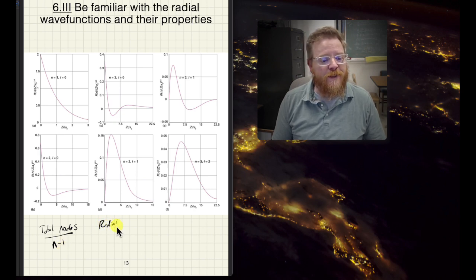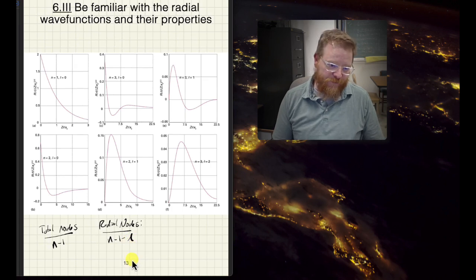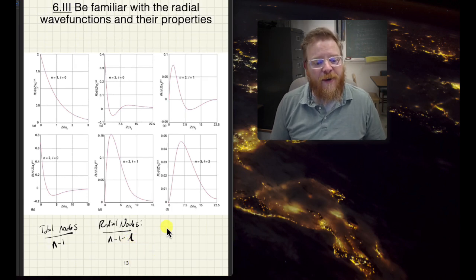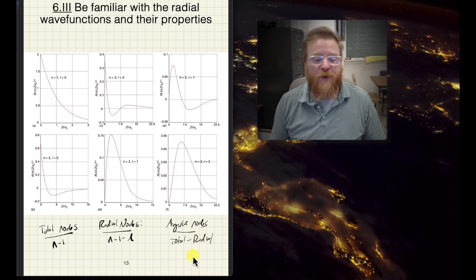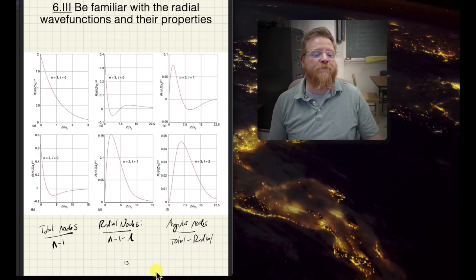We're also going to get a condition for our radial nodes, which goes n minus 1 minus l. And then our angular nodes go as the total minus the radial, so everything that's left over, right?